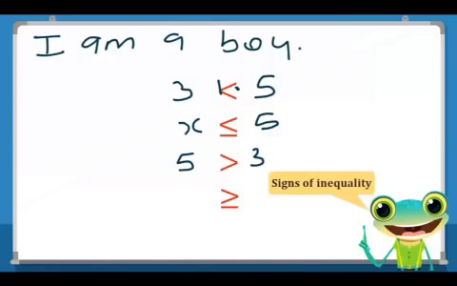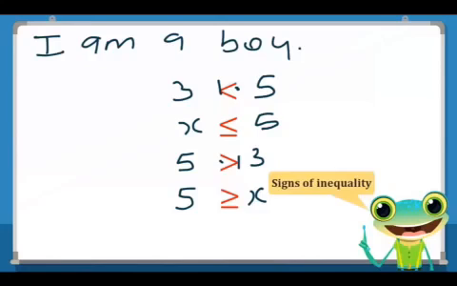Alright? Again, you notice the larger number is on the inside. Smaller one is on the outside. Or we could say 5 is greater than or equal to x. And that's how we make this true and represent these inequalities.